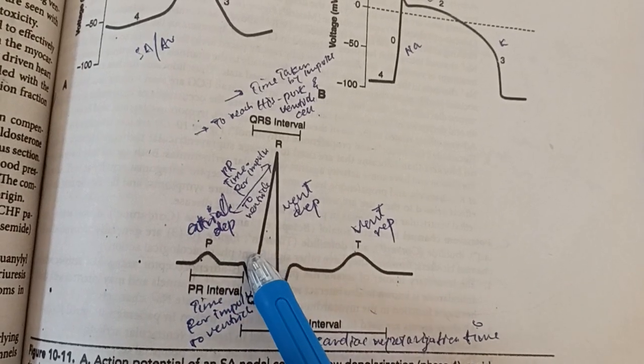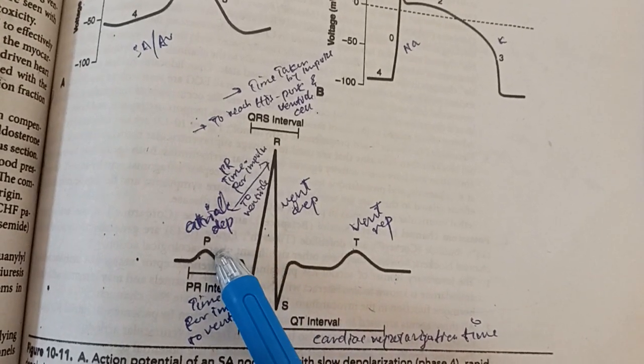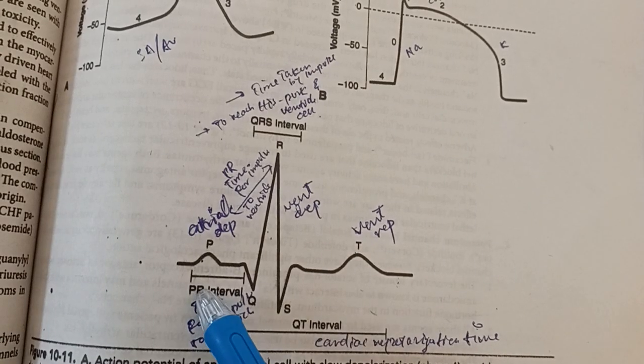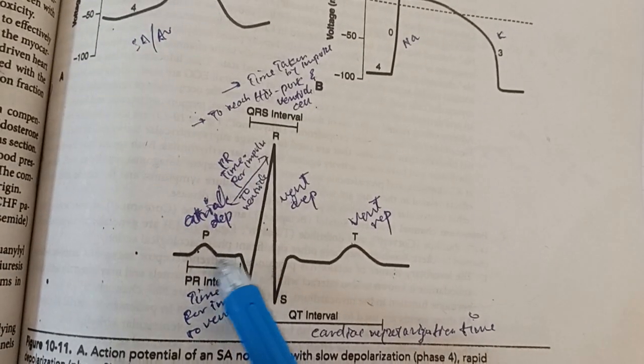This takes a little bit of time. That impulse time is called the PR interval, shown here in the graph.